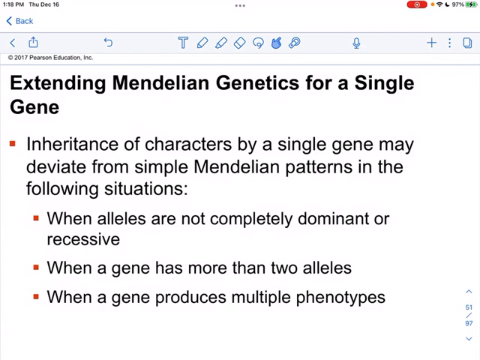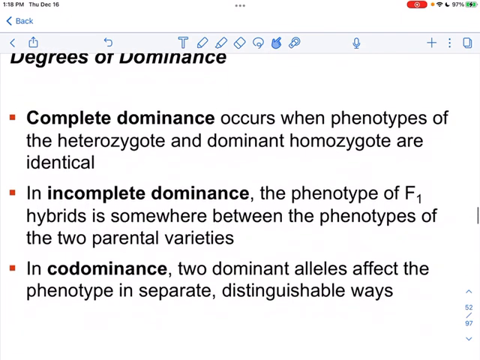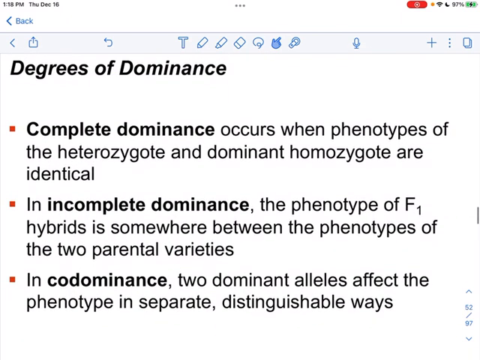But we have identified that one gene is actually capable of making more than one product or more than one phenotype. So we have to talk about degrees of dominance, and this especially comes into play when we're looking at a particular level of organization, right? Are we looking at the biochemical level? Are we looking at the genetic level?